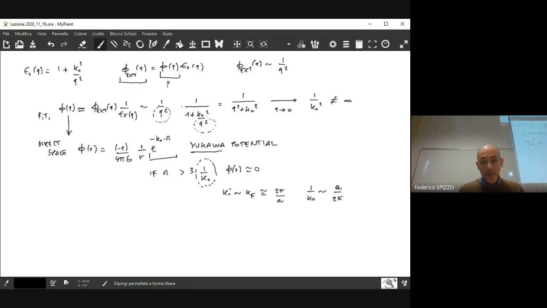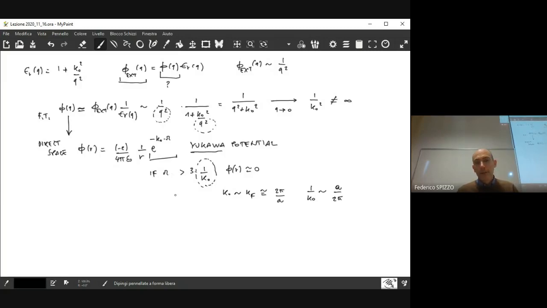capability of the electrons to screen any external charge is quite strong, because, let's say, if you are 10 nanometers away from the external charge, then you do not see any effect of that charge, because the effect of that charge is damped to 0 quite close to the charge itself. And you may apply the same result to any of the electrons that belong to the system.